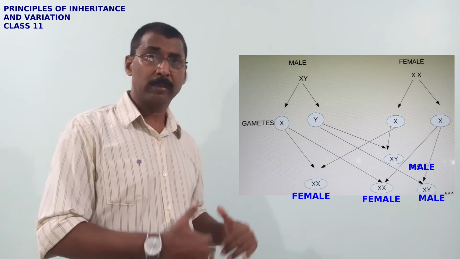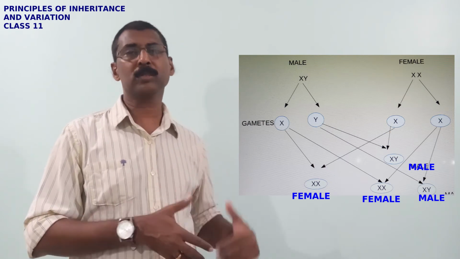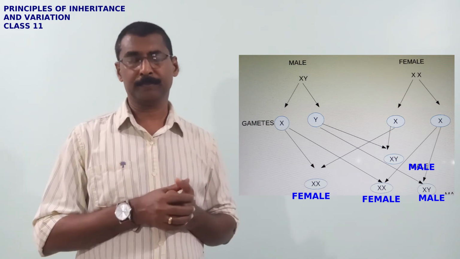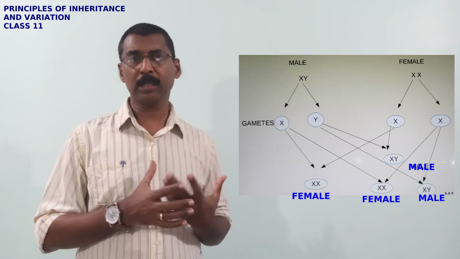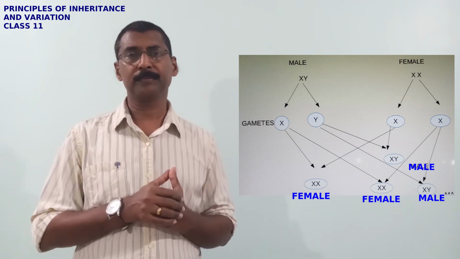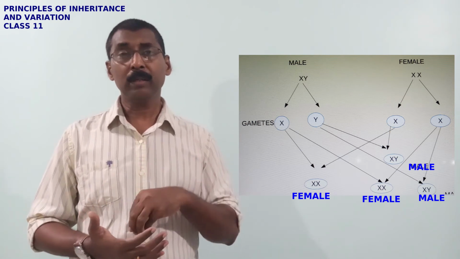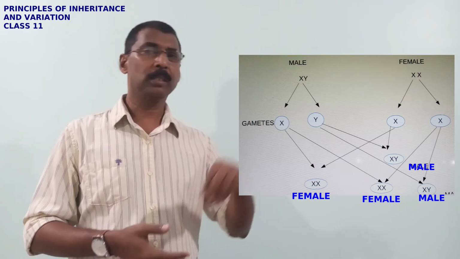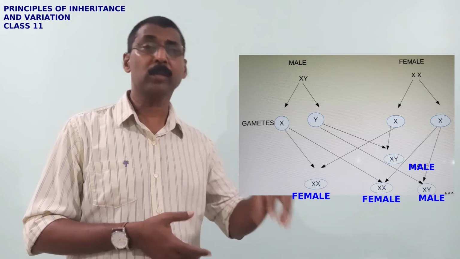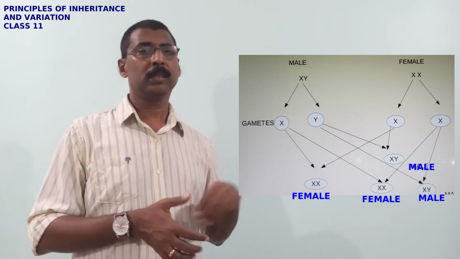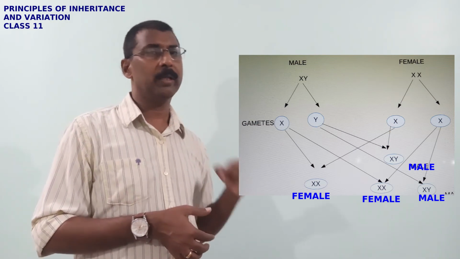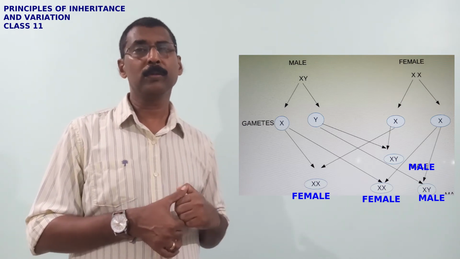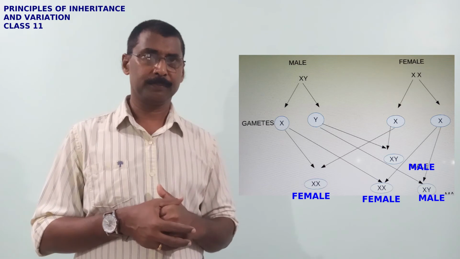Zygote would have XX chromosomes, 2X chromosomes, and that would develop into a female individual because females are XX. And when an ovum fertilizes with a sperm with Y chromosome, then the zygote would be XY, and this zygote would develop into a male individual.